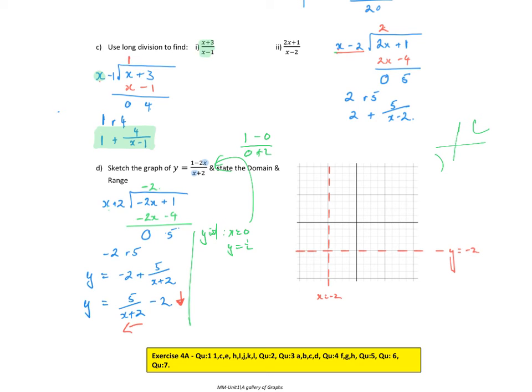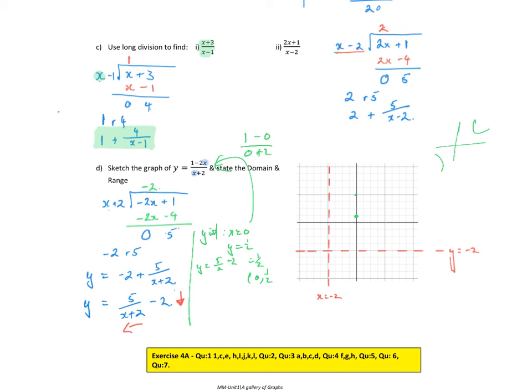Or if I put it over here, I'll get y is equal to 5 over 2 minus 2, which is also a half. So I get the point (0, a half), which using this scale, hang on, that's 2, that's 1, there's a half there. So we can see the x-intercept should be over here somewhere.